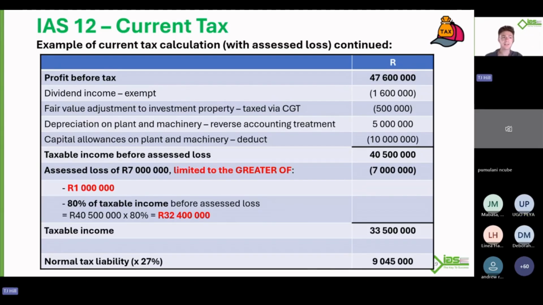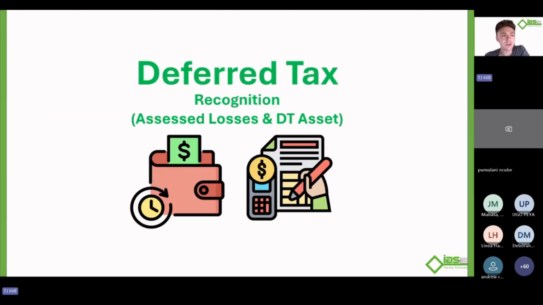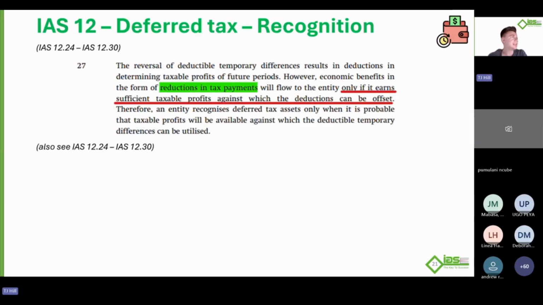Okay, so now, you are raising the most important point that I want us to look at, because that is the whole point around recognizing a DT asset. Remember we said, when we were looking at the recognition criteria, for a DT liability, you always recognize all of them, except if it is exempt.